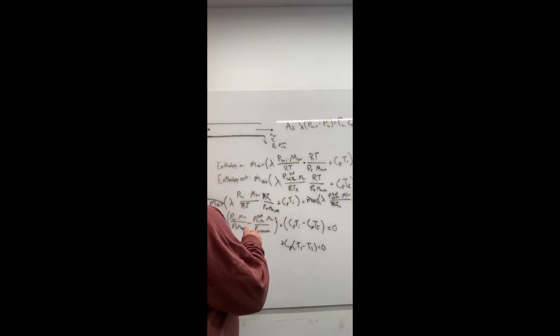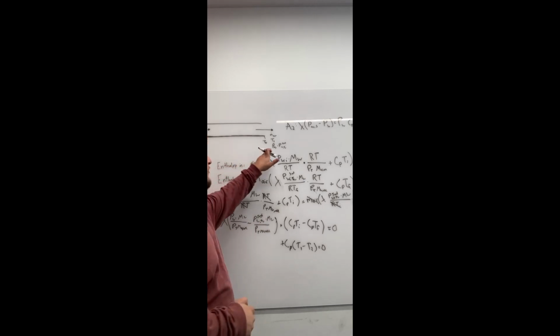So now we can pull out pretty much everything that is not related to the difference. Obviously the pressure here is going to be different than the pressure here, but the flow is going to be the same, the lambda is going to be the same, and the molecular weight is obviously going to be the same.